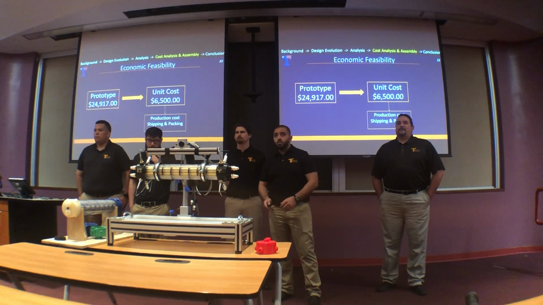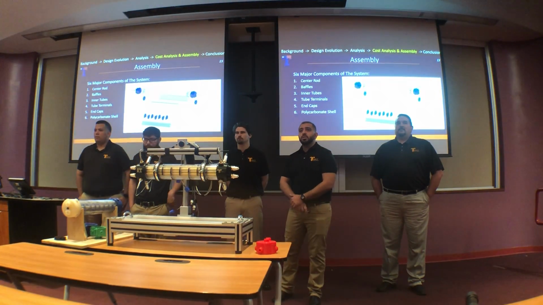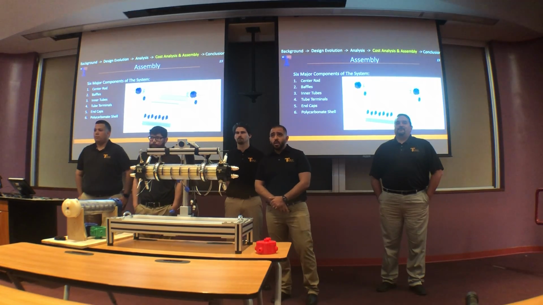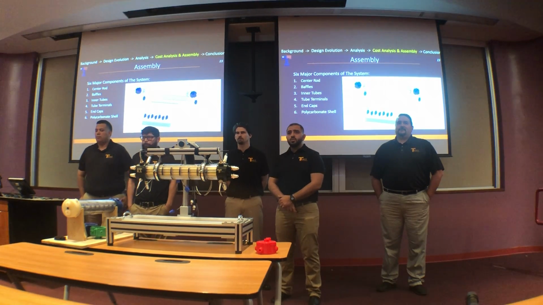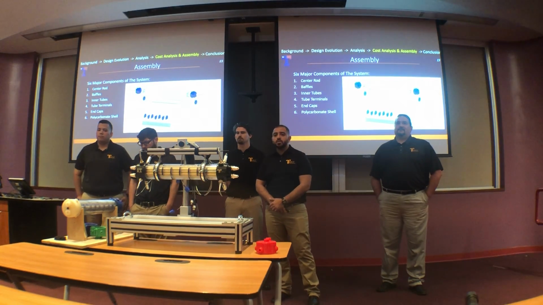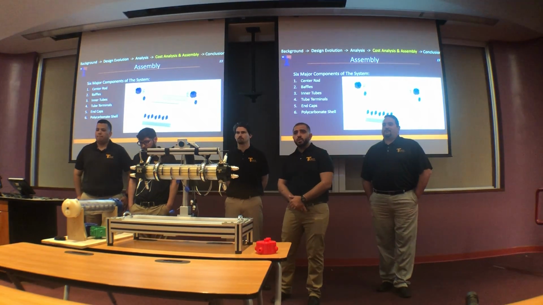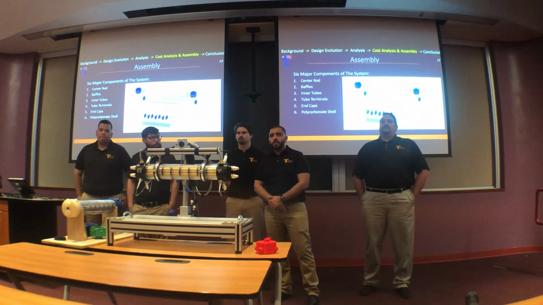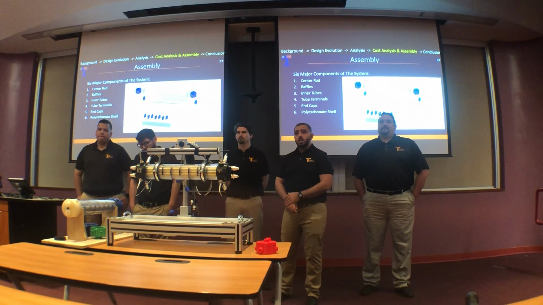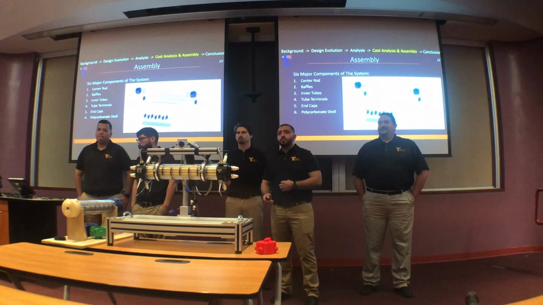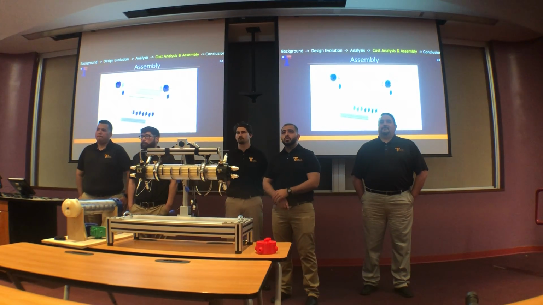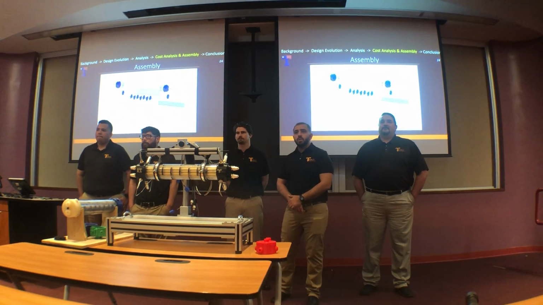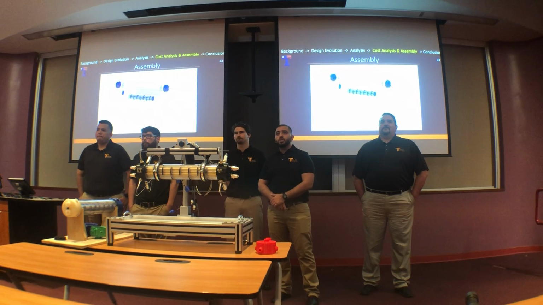For the next slide, I will cover the assembly of our heat exchanger. Our heat exchanger contains 6 major components: center rod, baffles, inner tubes, 2 terminals, end caps, and polycarbonate shell. And here's a short video of how easy it is to assemble our shell and tube heat exchanger.